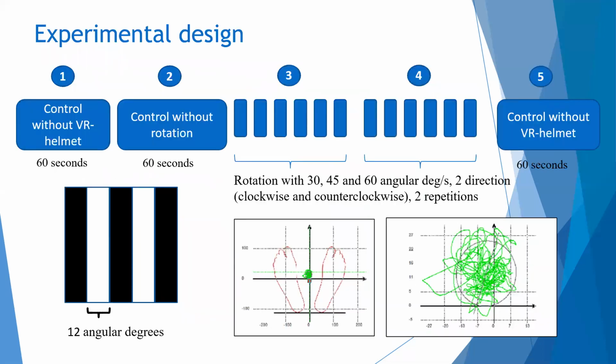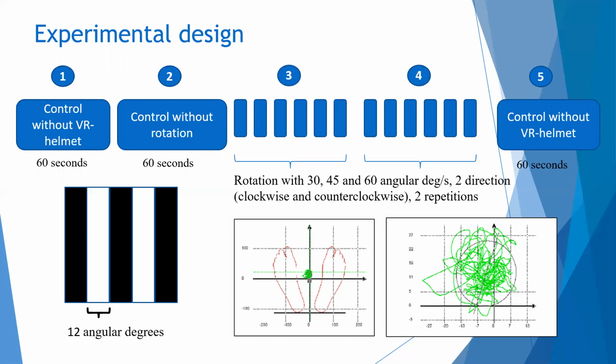Each subject stood still in European stance, heels together, toes apart, on the stabilometry platform, and was exposed to our virtual optokinetic drum 12 times at 3 different rotational velocities: 30, 45, and 60 degrees per second, in 2 directions, clockwise and counterclockwise, twice, 2 repetitions.